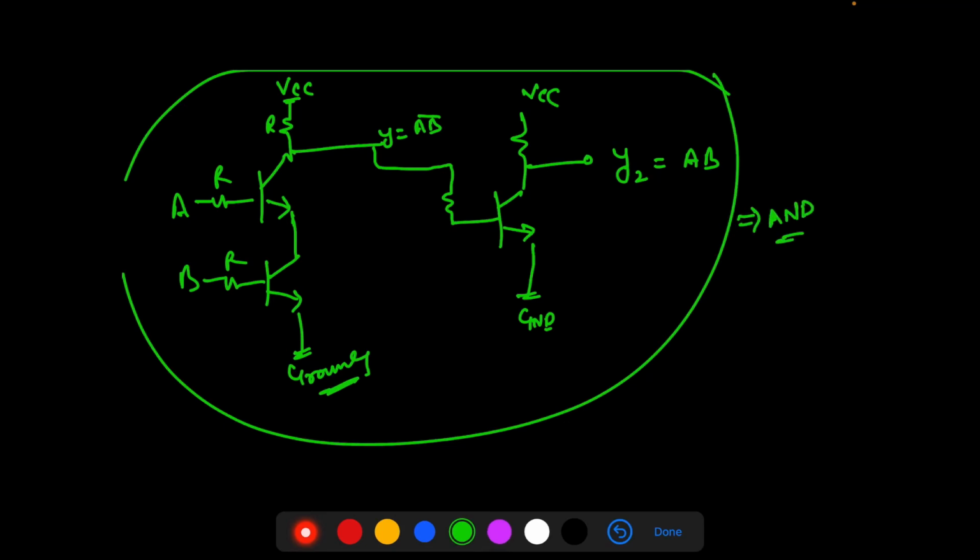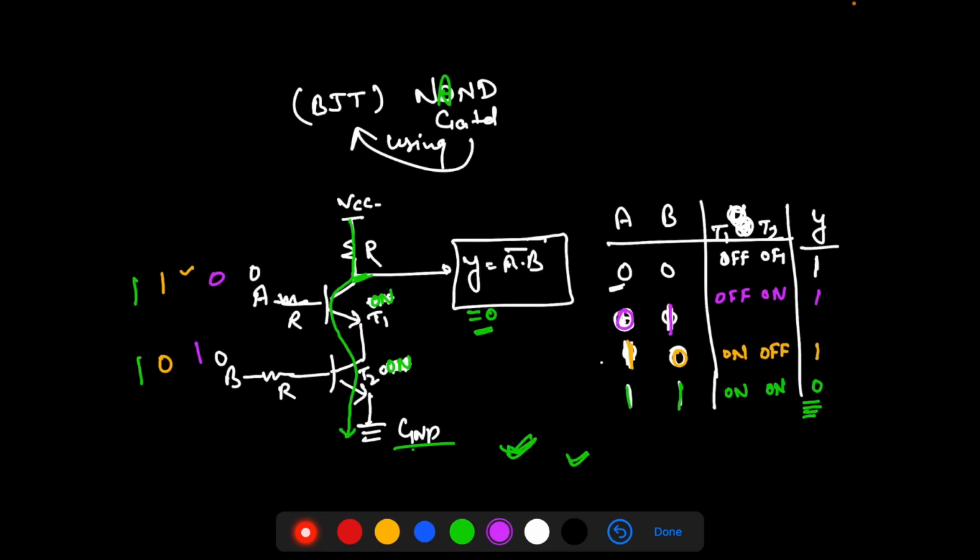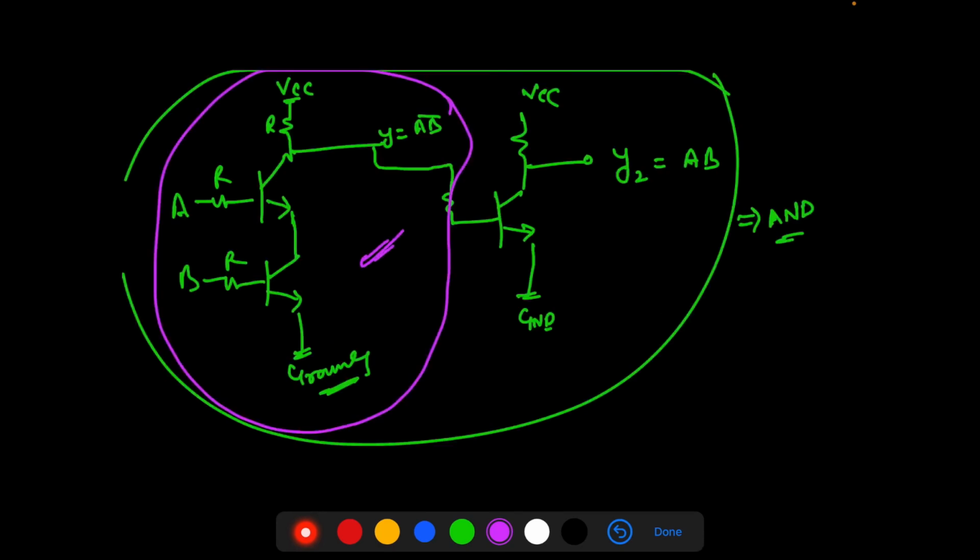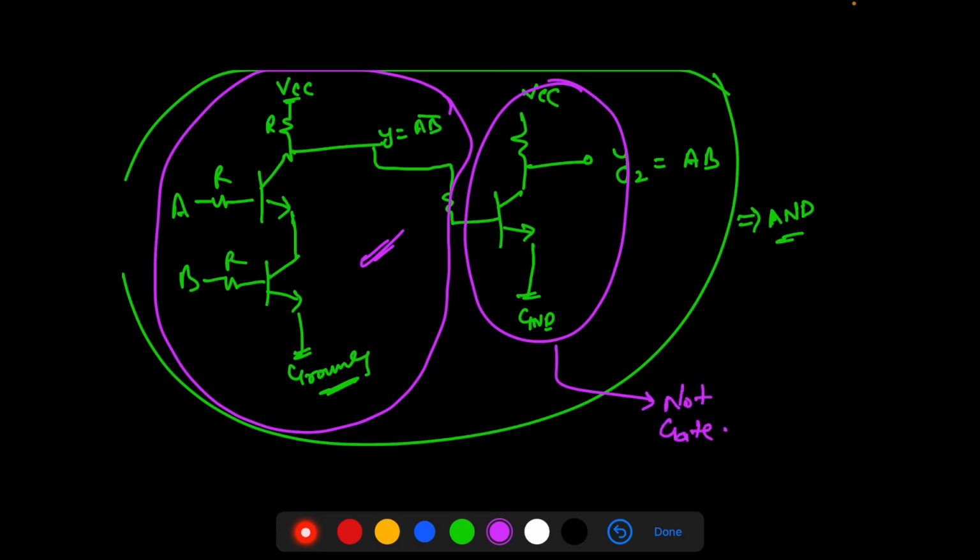What we studied previously is the same as this one, and we added this one. So this circuit is equivalent to a NOT gate, and this circuit is equal to a NAND gate. So we know the NAND gate is this, and if we apply a NOT gate, it will become equal to the AND gate.